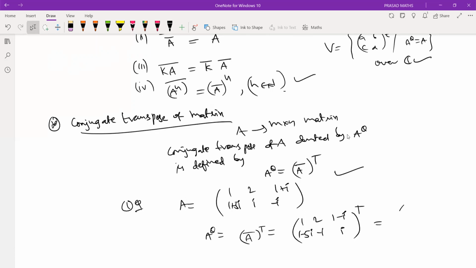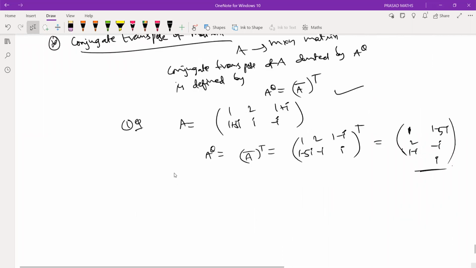That is nothing but 1, 2, 1 minus i, 1 minus 5i, i. The conjugate transpose of a matrix is simply the transpose of the conjugate.